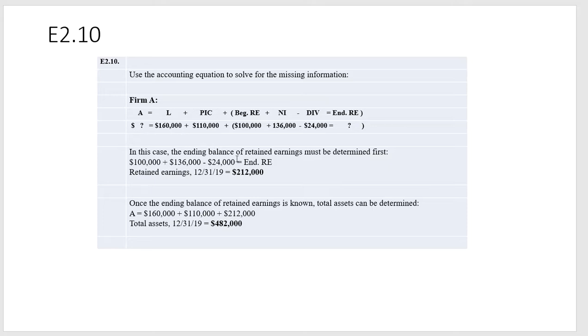By adding the beginning retained earnings and the net income and subtracting out dividends, we find that the ending retained earnings is 112,000. Then if you add the 110 and the 160 to it, you get assets, which is 482. And then you come up with those two that are question marks there. So that's talking you through firm A.